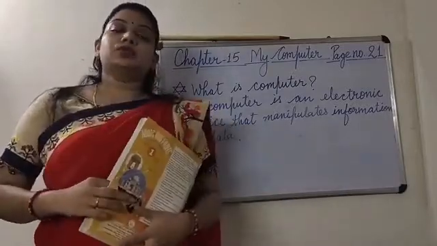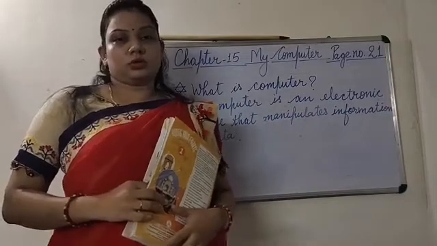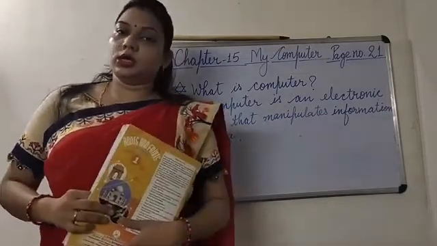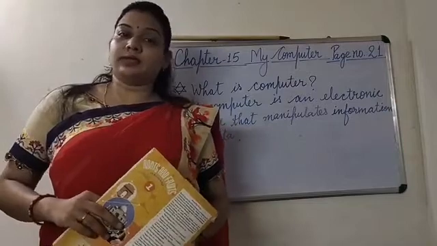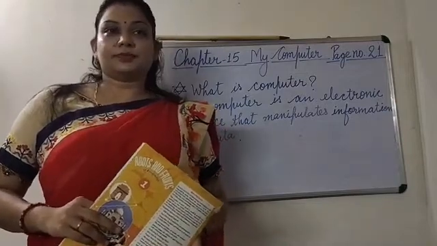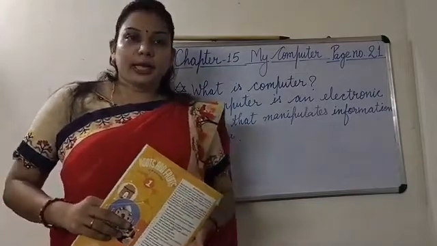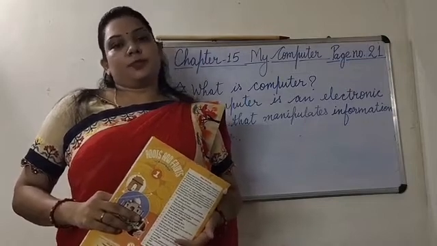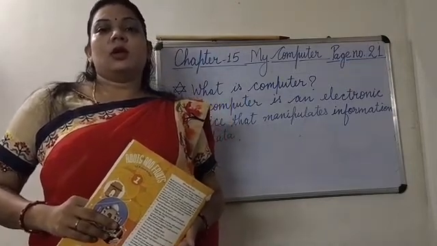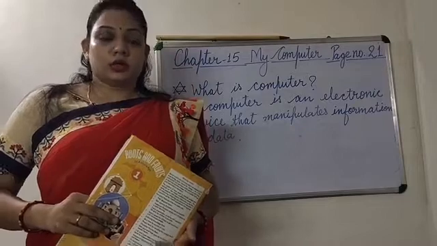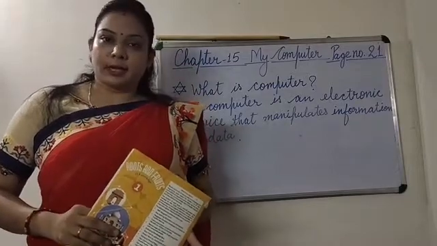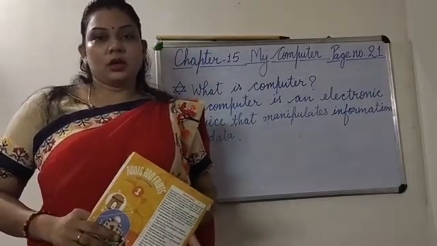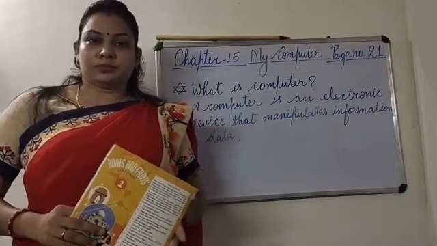Next one is mouse. M-O-U-S-E, mouse. What is a mouse? You all have seen the mouse, correct? It is an essential input device that is used for selecting, dragging, or clicking.